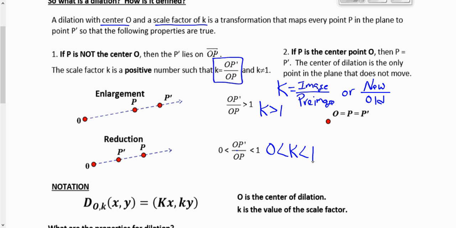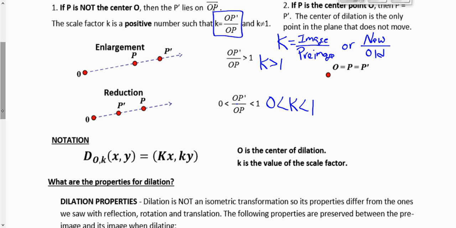So let's say the scale factor was a half, all the distances get cut in half from the center point. Simple enough? All right, and so we have some notation. I'm going to make note of this. So this could just be read K is between 0 and 1. You'll see something like that.